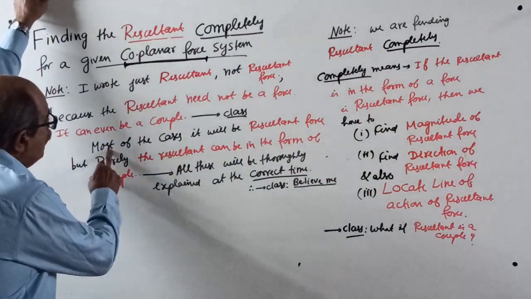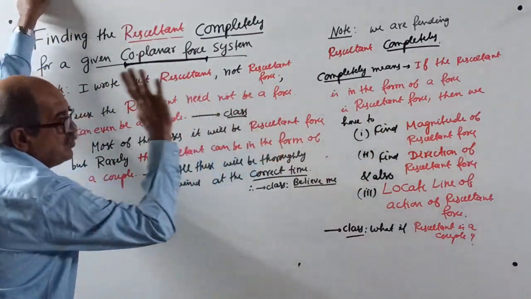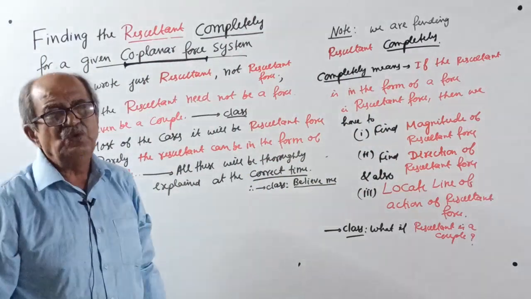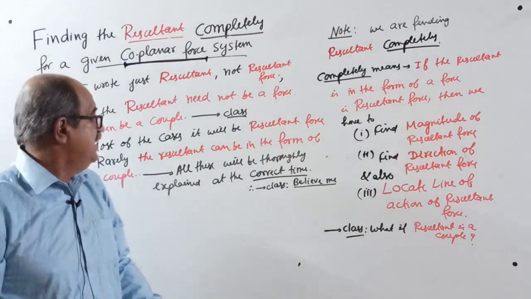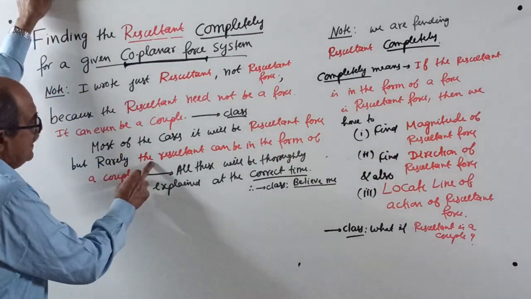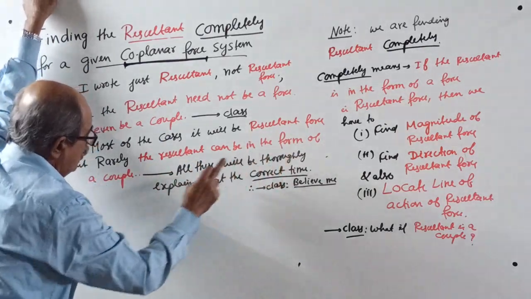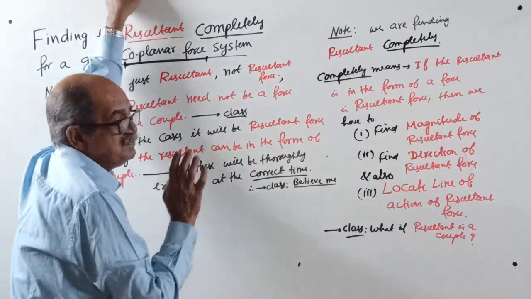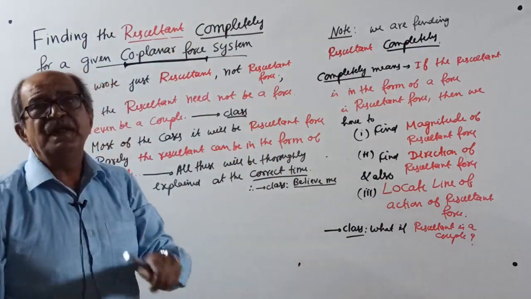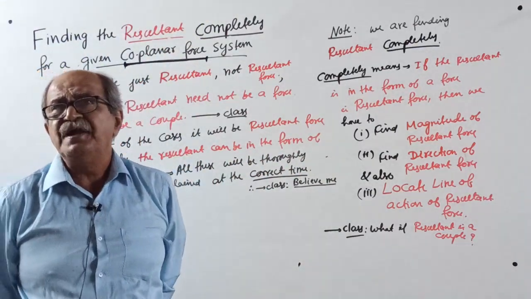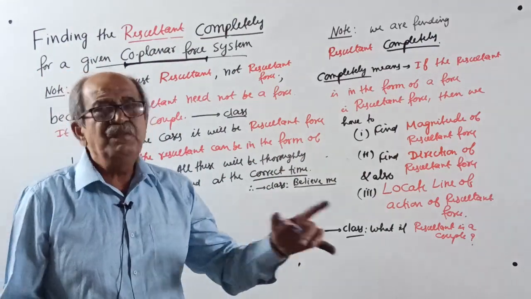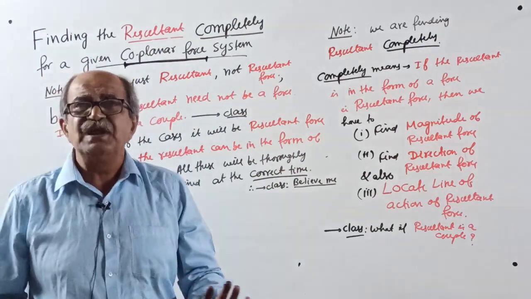Now, in most cases it will be a resultant force. Yes, that I agree. Usually the resultant is a force only, but rarely the resultant can be in the form of a couple. All these will be thoroughly explained at the correct time, which is when the time comes. Right now if I tell, it will not be clear. When I explain, it will be crystal clear for you.